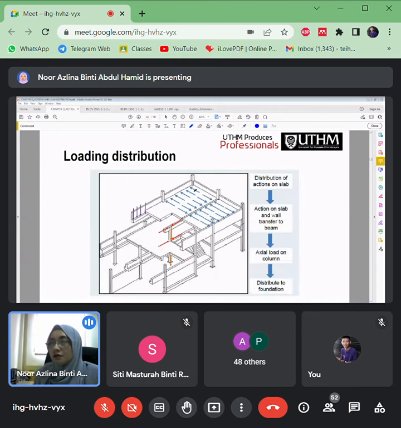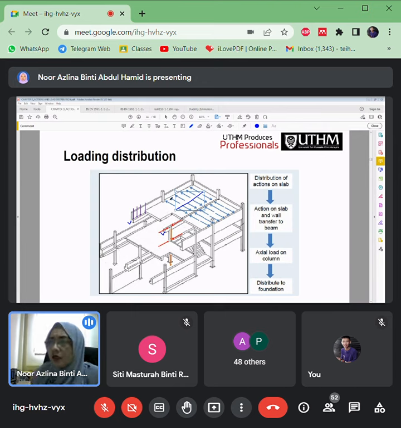All right, so these figures are to ensure that you understand how the load transfers. Remember, the load transfers from the top to the bottom, from the slabs to the beams, to the columns, and lastly to the foundations. Let's say this is a one-way slab, where half of the load will transfer to these beams, and another half will transfer to this beam here.